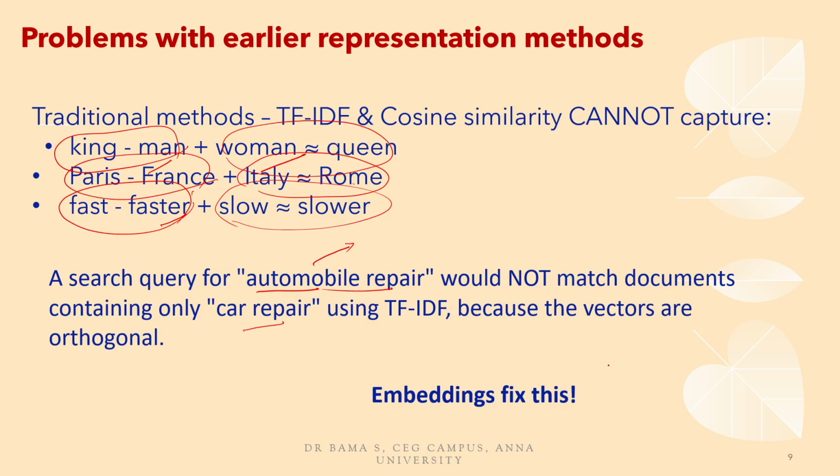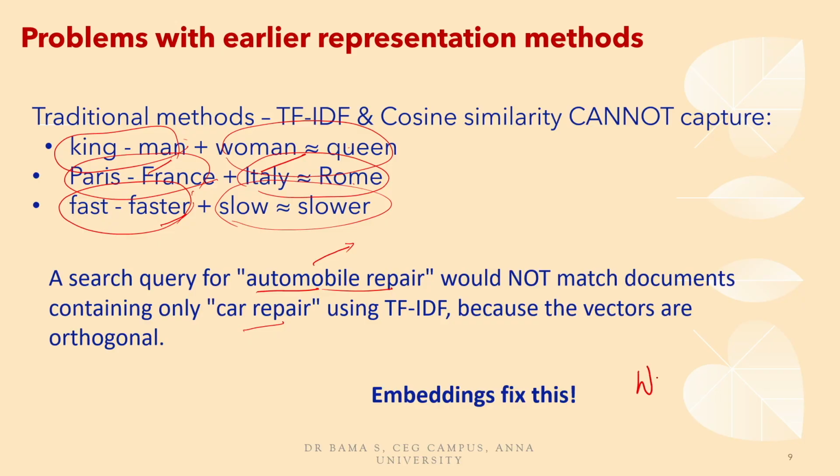Suppose we have king and man as some vectors; woman and queen would be seen as related to these vectors. That type of numerical representation can be seen in embeddings, and one of the embedding types is called word to vec.